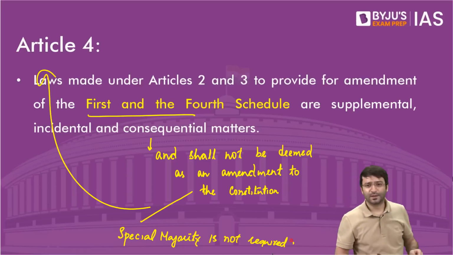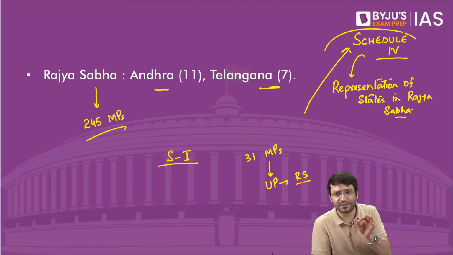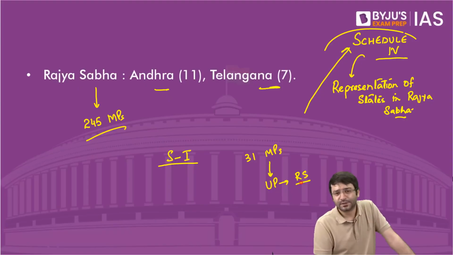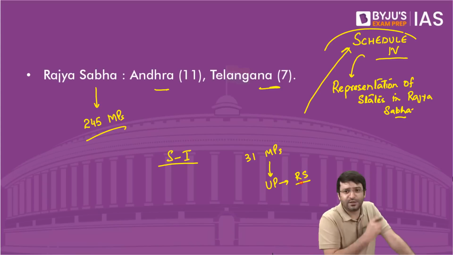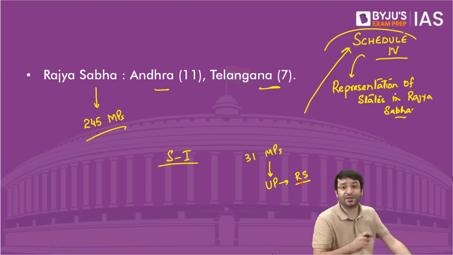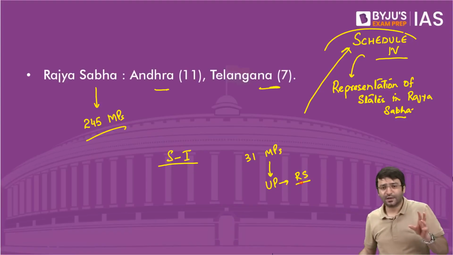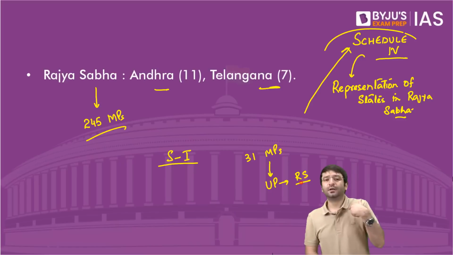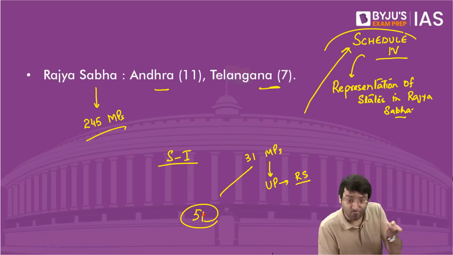But let's say there are 31 MPs from UP in Rajya Sabha. What if tomorrow, without dividing Uttar Pradesh, without bifurcating Uttar Pradesh, without passing a law under Article 3, which means we are not dividing Uttar Pradesh, we are not merging Uttar Pradesh and Madhya Pradesh, we are not doing anything of that sort under Article 3, the Parliament on its own wants to increase this 31 to 51?